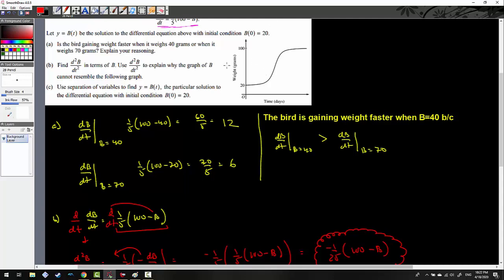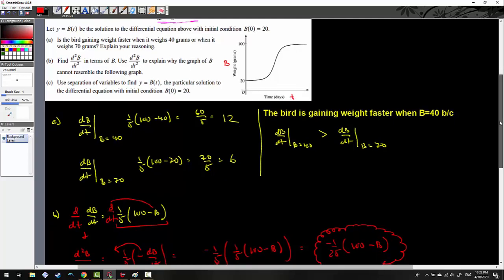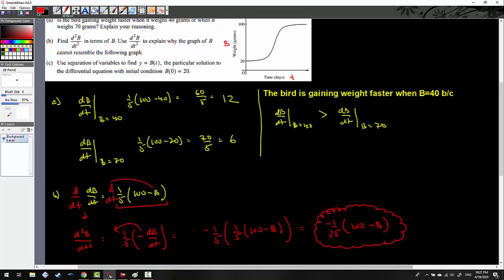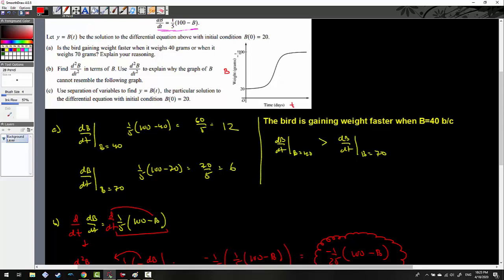Remember, the weight in grams, that's B. The time in days is t. Our second derivative, which measures concavity, has only B for an input, which means I'm only plugging in these values here to find out what my second derivative's value is.